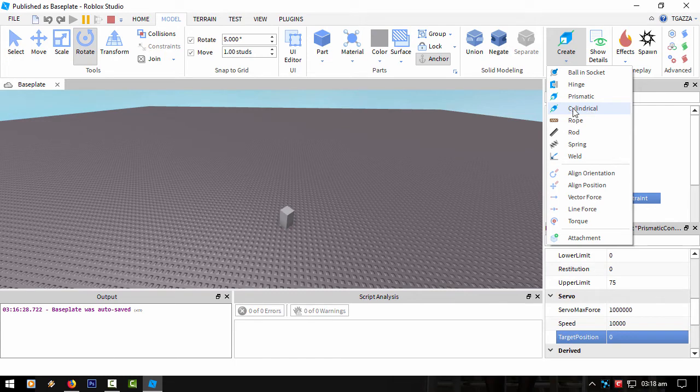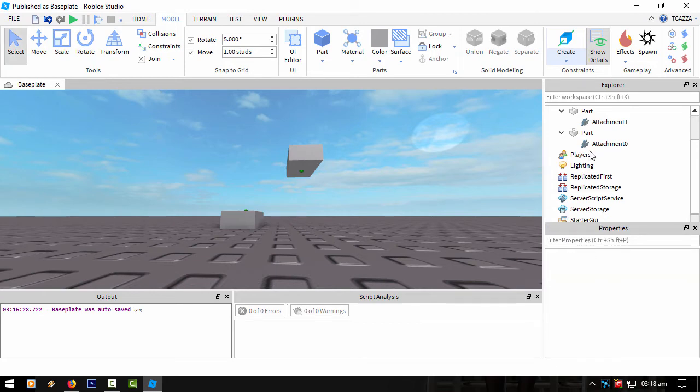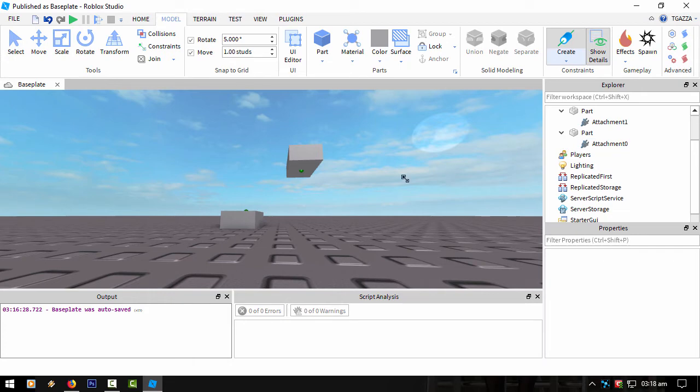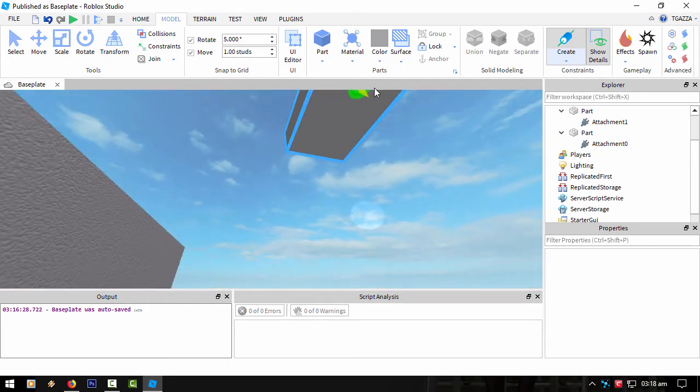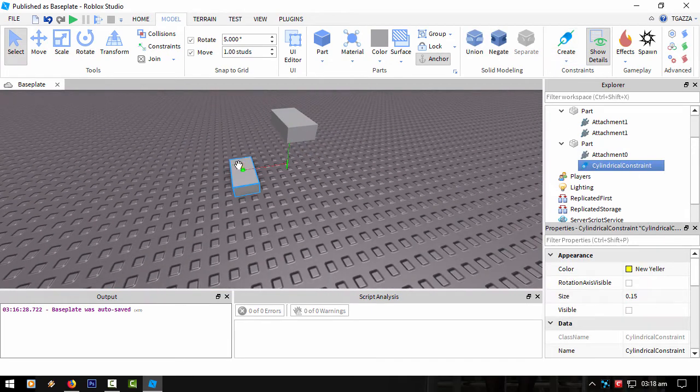Let's have a look at what this cylindrical is. I've got an idea what that might be. I've never really played with this one. I've got a feeling that it's something that you can actually rotate around the part and it stays on that axis, I guess.